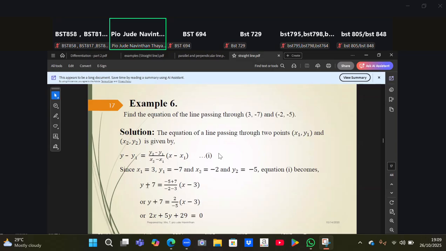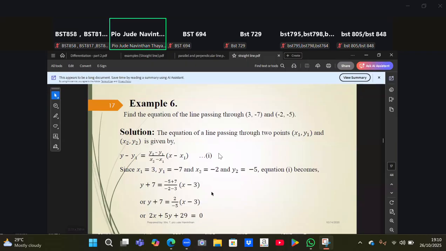According to this equation, y minus minus 7, therefore plus 7, equal to, right? Y2 minus y1. Y2 is minus 5. Y1 is minus 7, therefore y2 minus minus 7, that is plus 7, over x2 minus x1, x2 is minus 2, x1 is 3, into x minus x1, x1 is 3, therefore x minus 3.